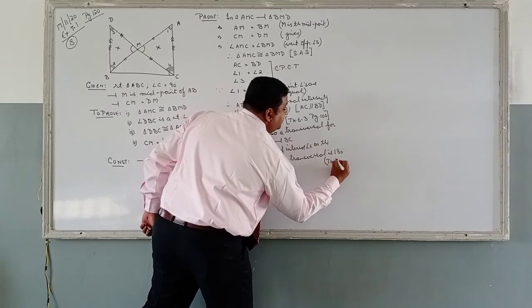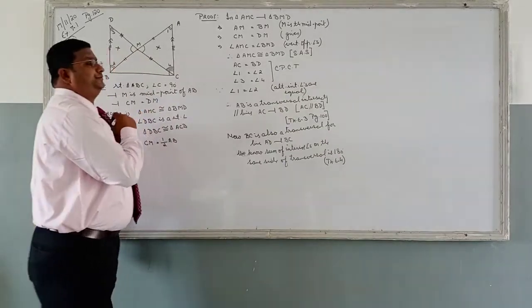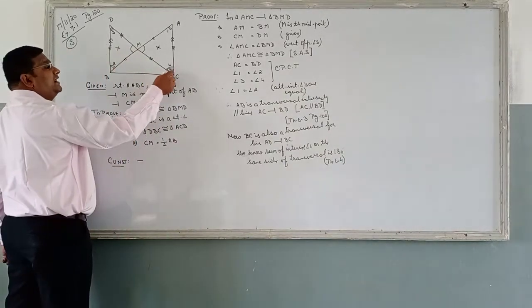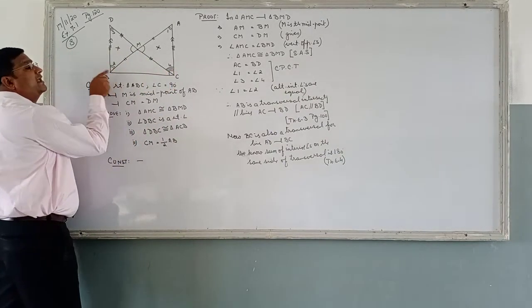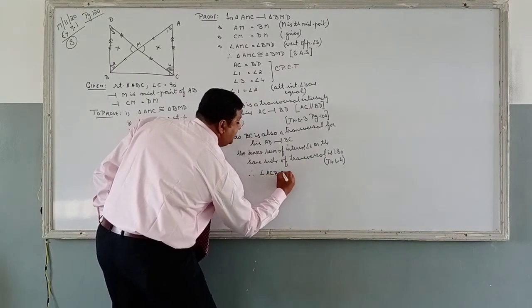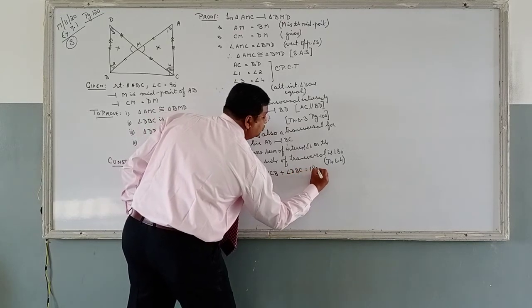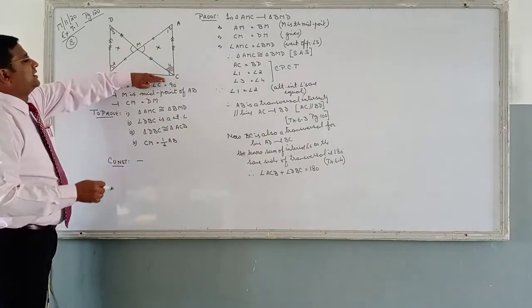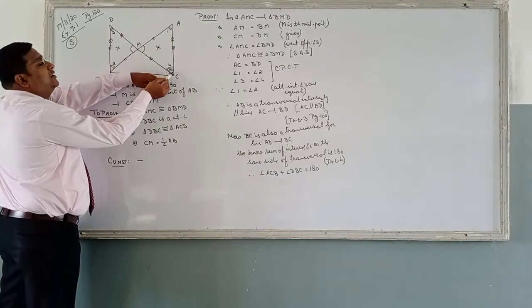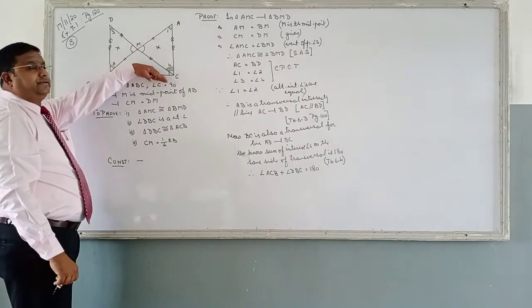That is theorem number 6.4. So we can see the interior angles. Which are the angle C and angle B? So therefore angle ACB plus angle DBC is equal to 180. Can you see? This is a transversal. These two are parallel lines. So angle C and angle B are supplementary angles.